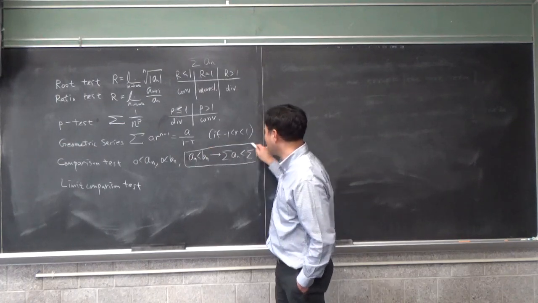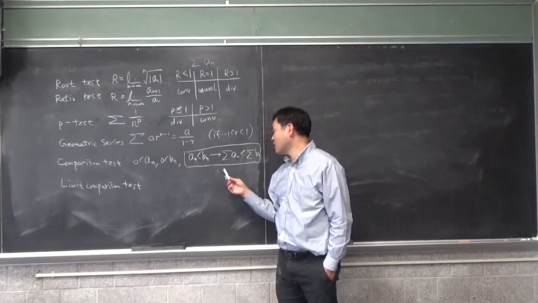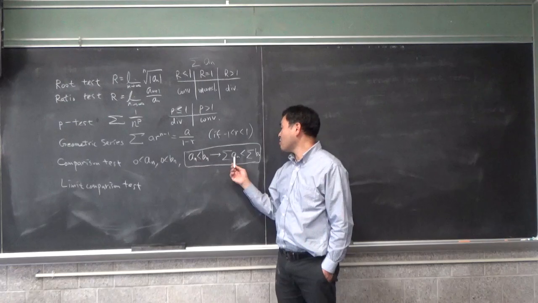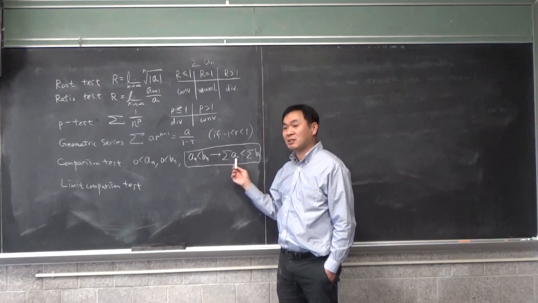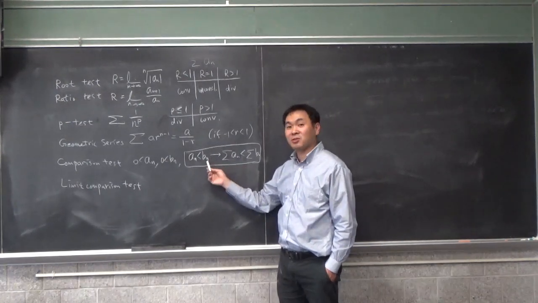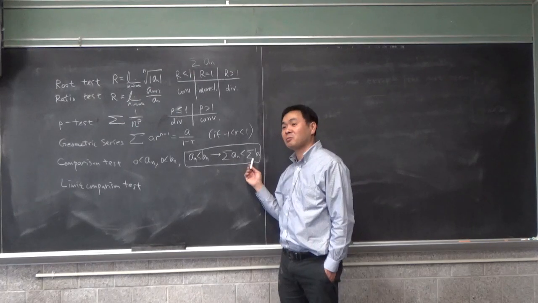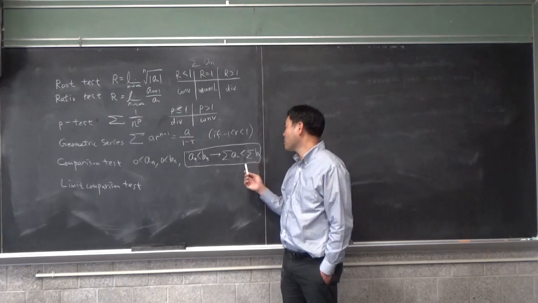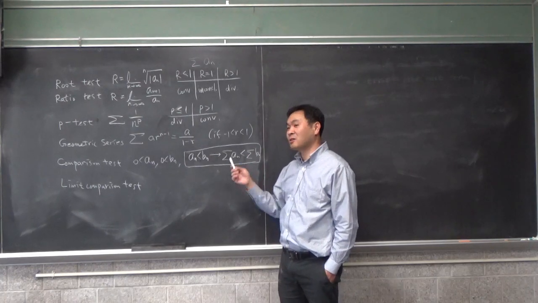That's basically the idea. But the way you use it is, if the summation of an is infinity, and bn is bigger than an, what do we know about the summation of bn? It must be infinity as well, right?